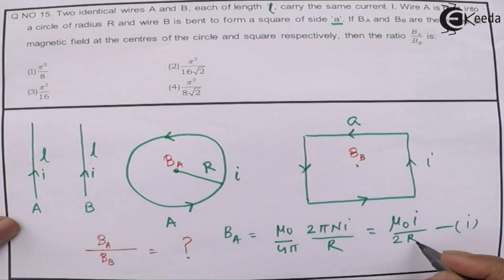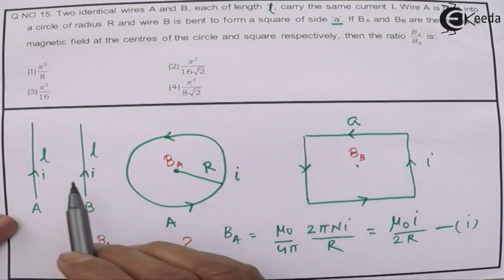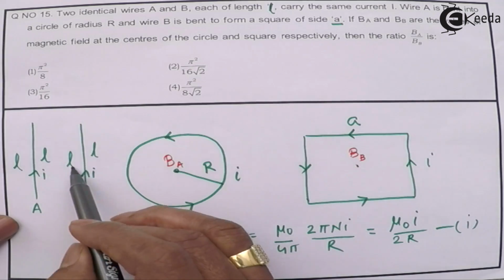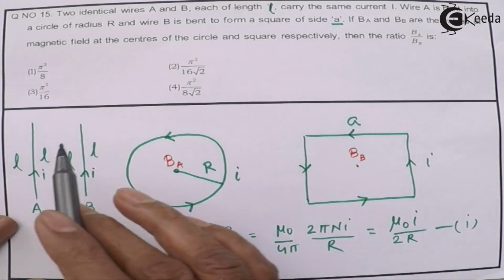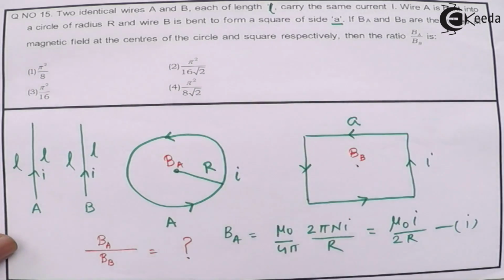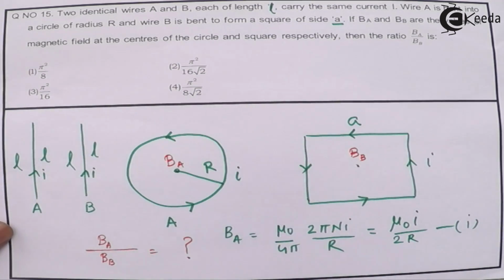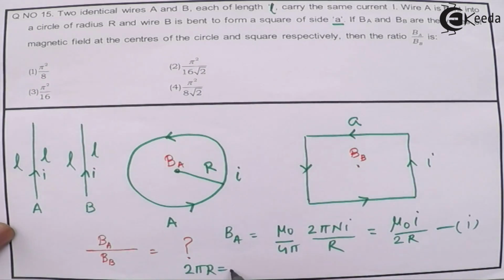Now what is this R? We have to write R in terms of L because the length of each wire is L. R is unknown but L is known. So 2 pi R, the full circumference of the circle, is made out of the wire of length L. Therefore R is L upon 2 pi.